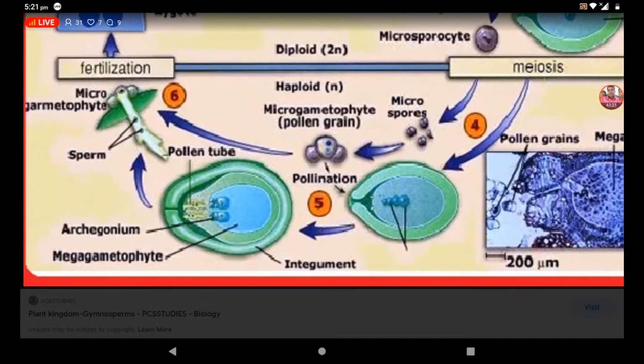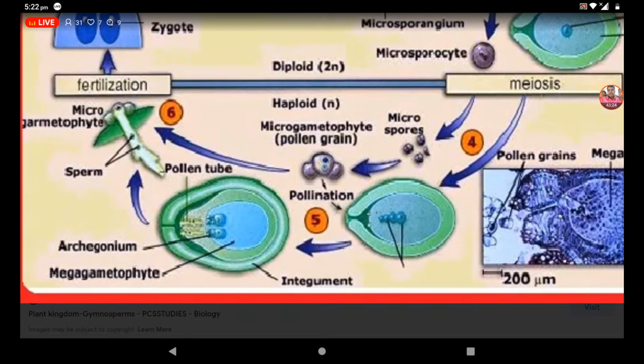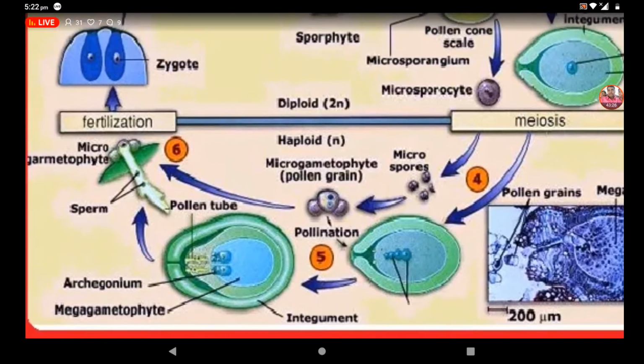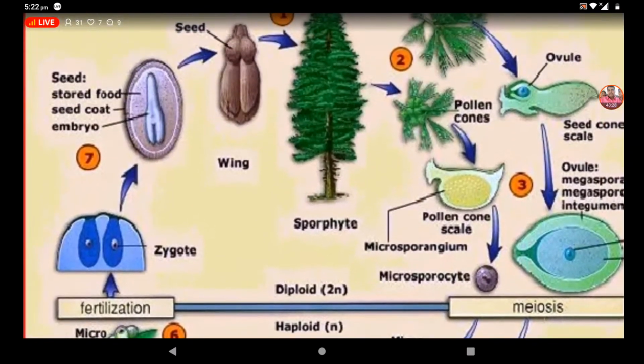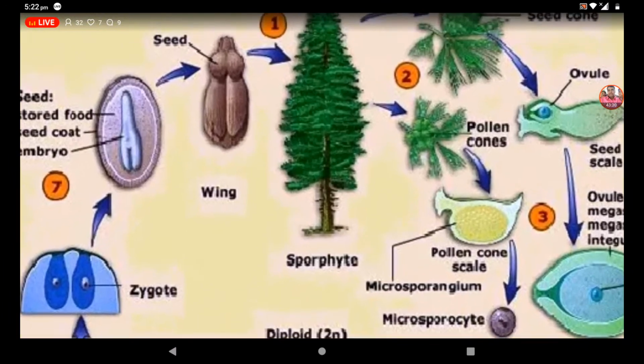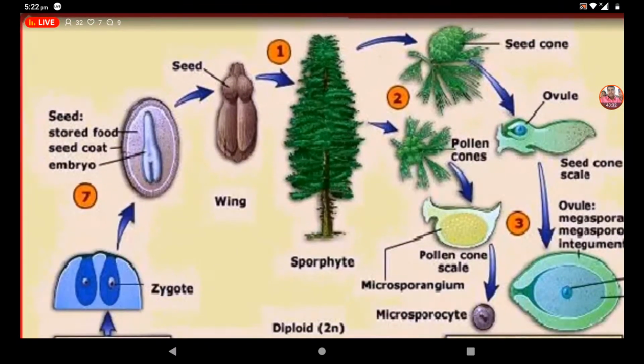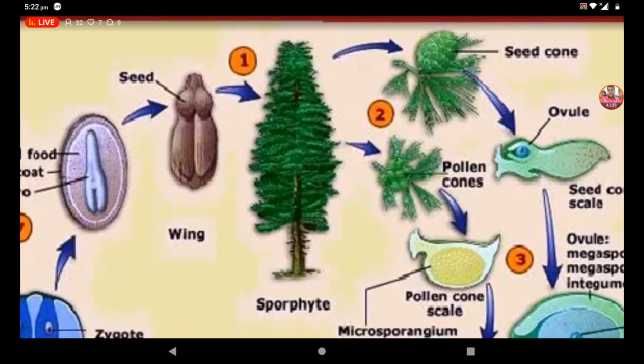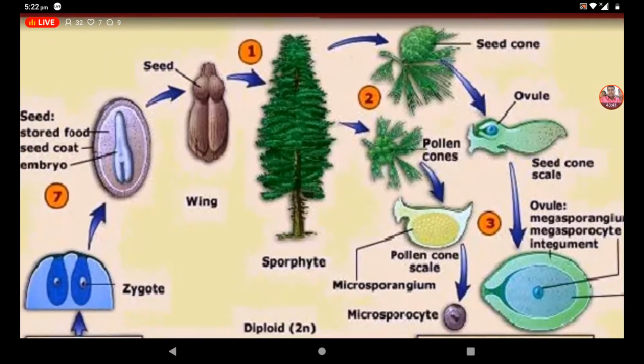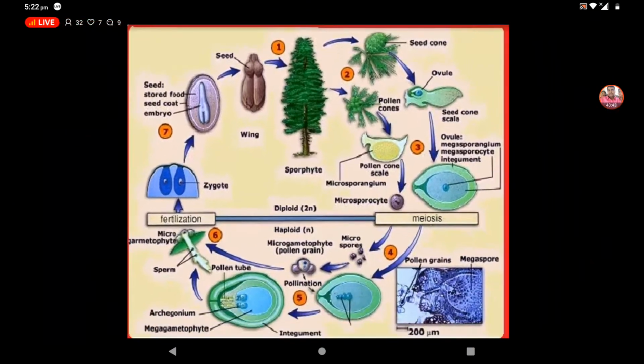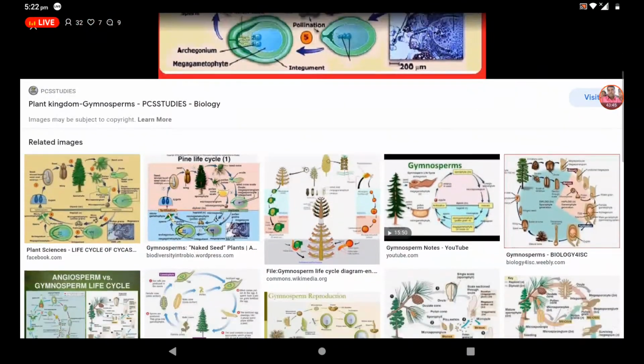Due to meiotic division they form the female gametophyte and male gametophyte. They get fertilized, forming the zygote and embryo, and at last the seed is formed. The seed is formed only from the naked megasporangium, which is why it is called the seed cone here. Whenever suitable conditions are there, they germinate into a sporophyte.